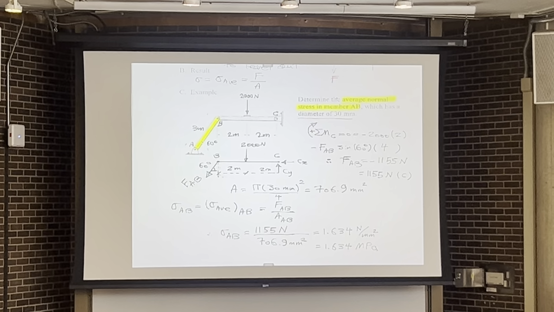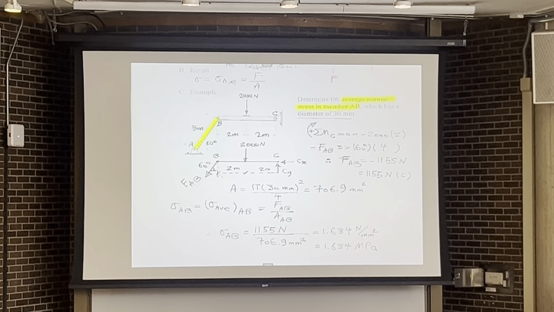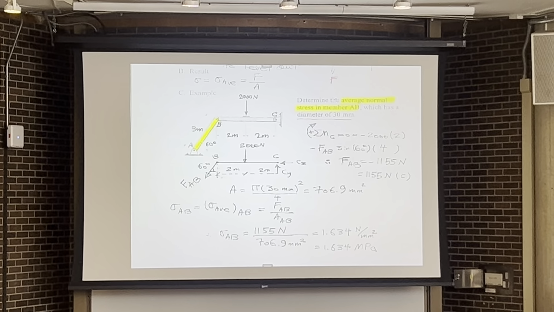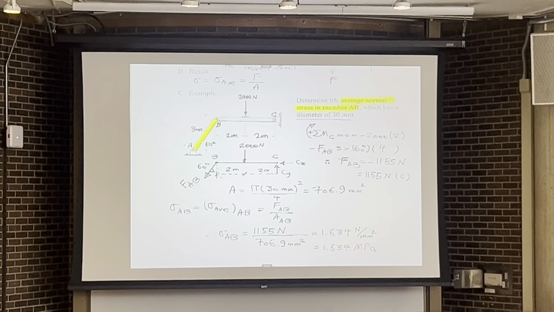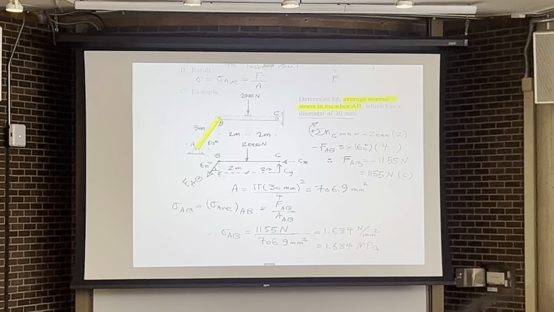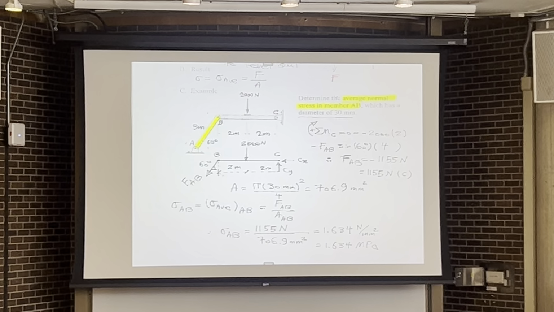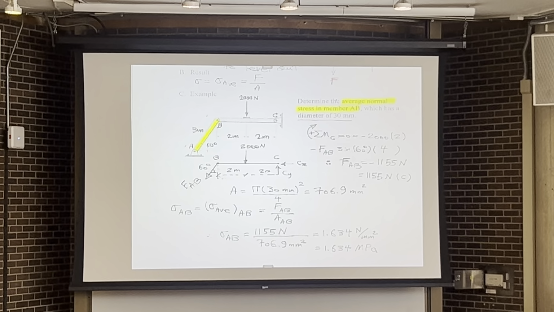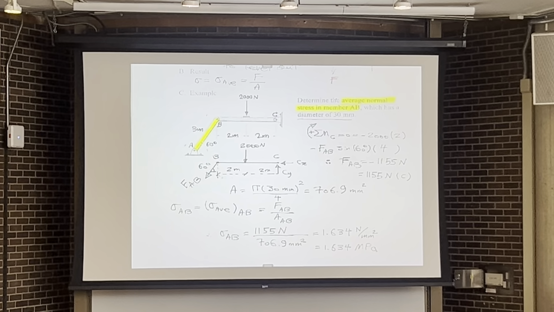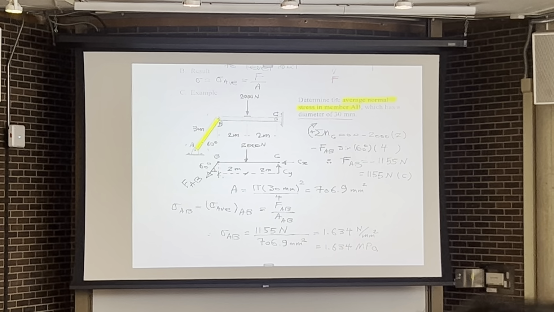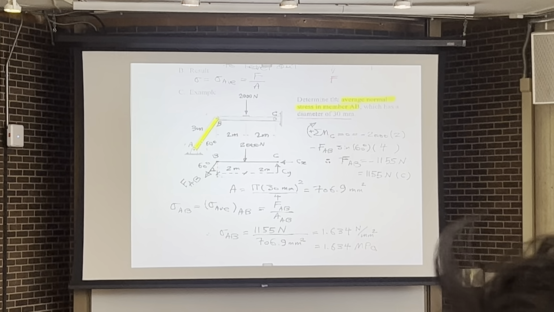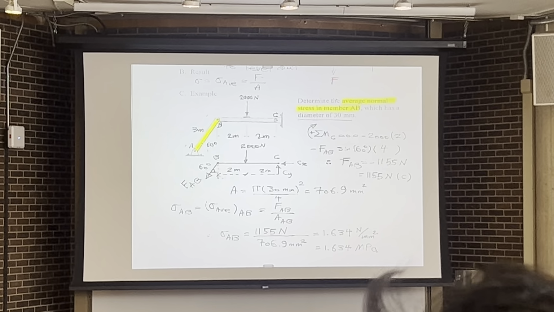I assumed, and that assumption was wrong, that member AB is pulling point B. That's why I show it in that direction. So this is an indication of a tension force. But it was wrong. It is actually pushing point B.